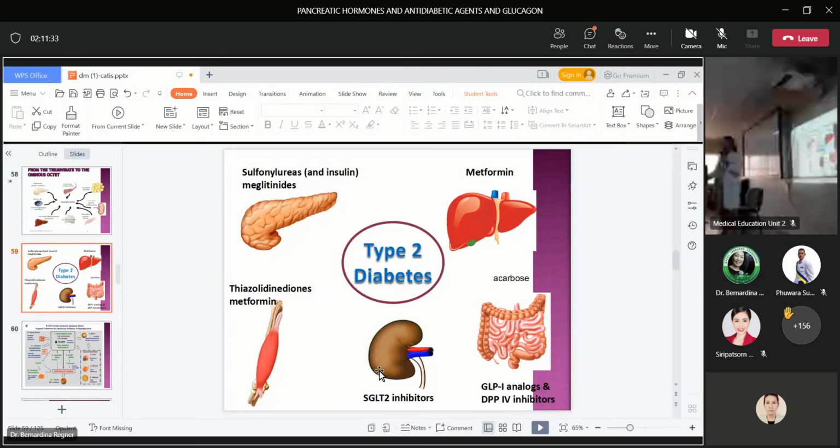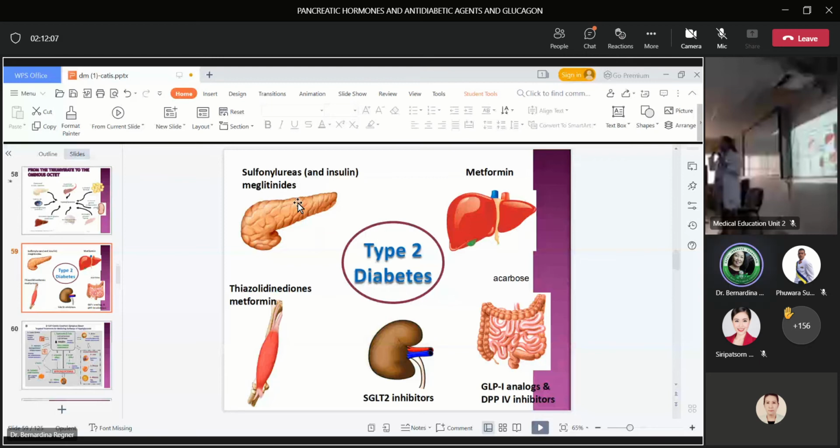I hope you know the meaning of SGLT2, and then your AGI, alpha glucosidase inhibitors, then GLP-1 analogs and DPP-4 inhibitors. These are the different groups of your oral hypoglycemic agents and your injectables. You have your insulin. Any questions so far with this?